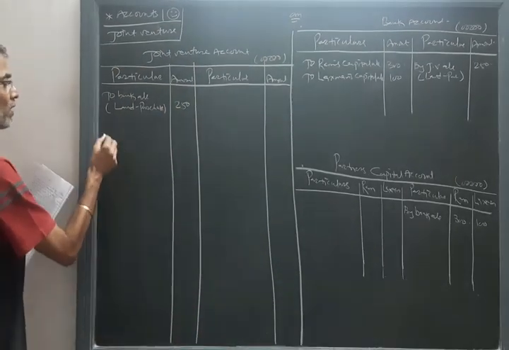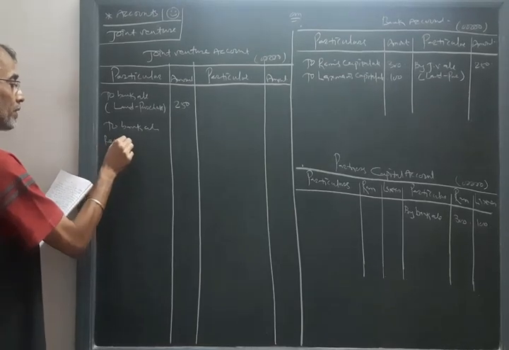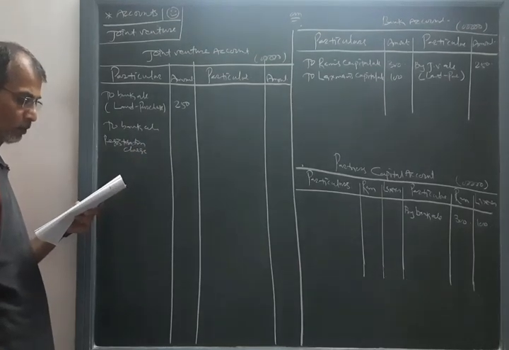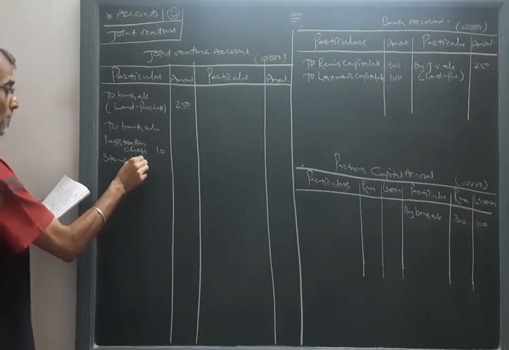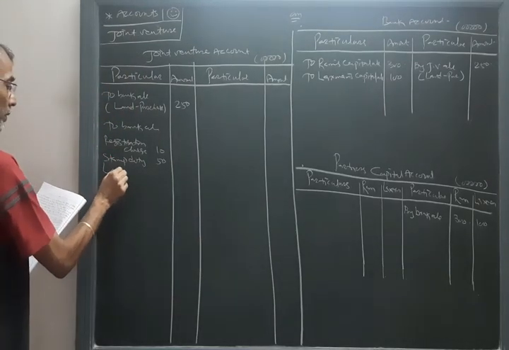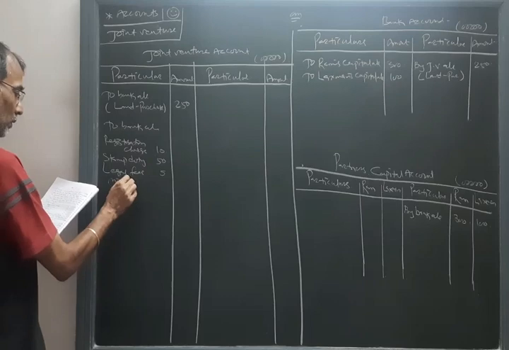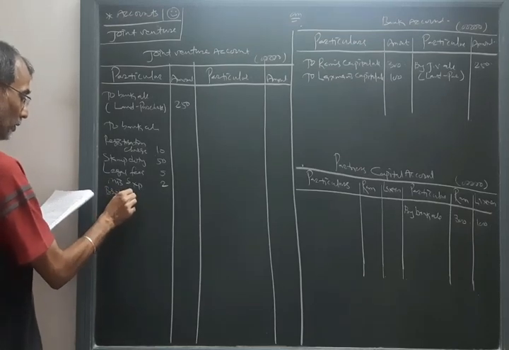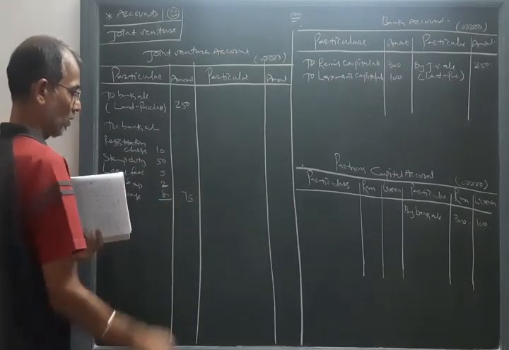So on the debit side of the joint venture account, to bank account, registration charge, that is rupees 10, stamp duty 50, 10 means 10 lakh, 50 means 50 lakh, legal fees, that is rupees 5 lakh, because lakhs are common, miscellaneous expense 2 lakh, brokerage 8 lakh, 60, 70, 75.